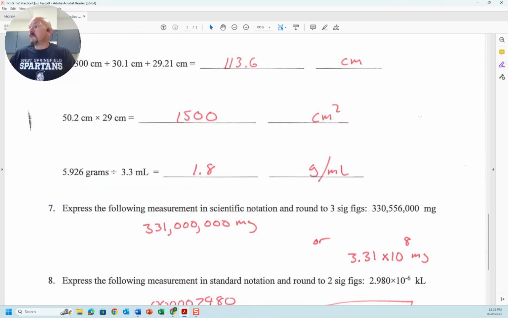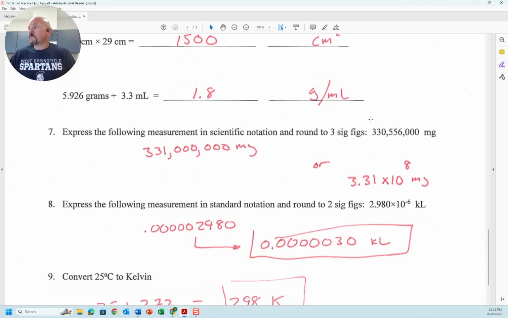All right, so the first thing I did here was, we want to report the measurement in scientific notation, okay? But we also want to round it to 3 sig digs. So the first thing I did was round it to 3 sig digs, okay? So the way you would do that is you would say, okay, 1, 2, I take my 3rd digit, I use my 4th digit to round that up or down.